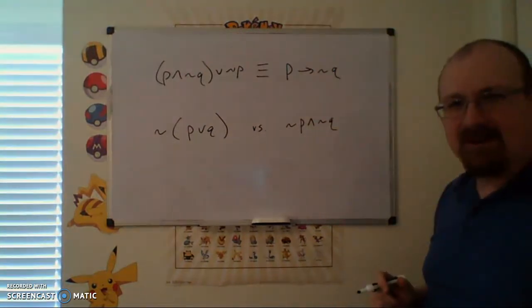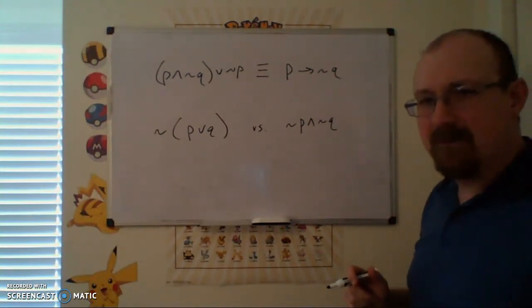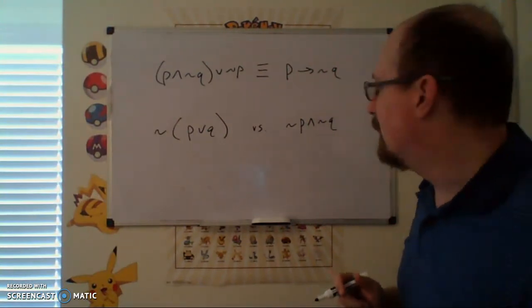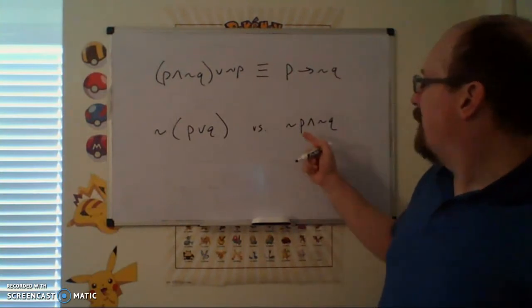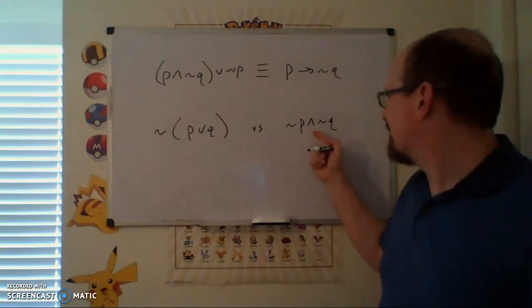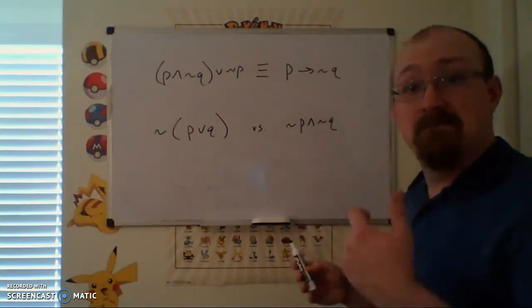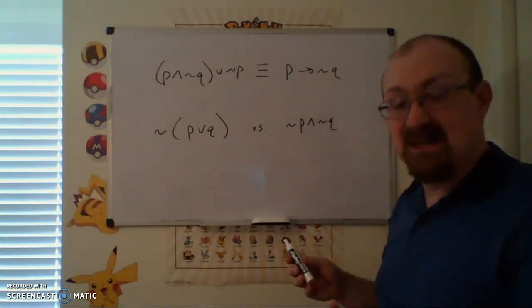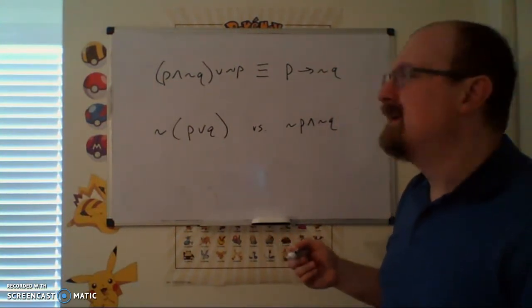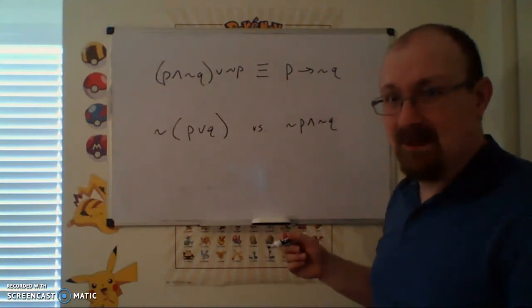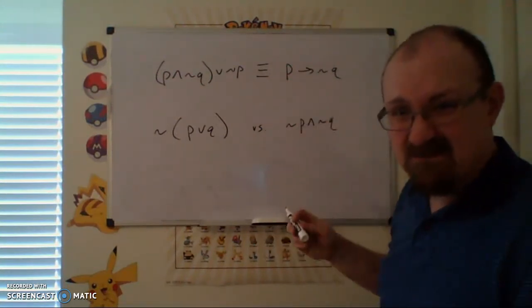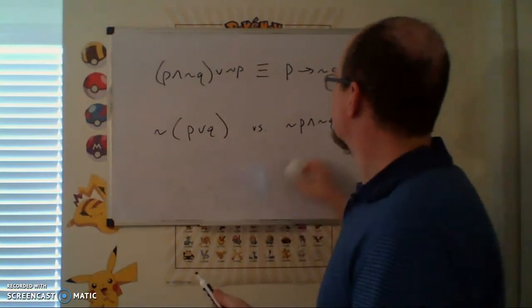If you think back to what we've done previously, this may look a little familiar. If not, it's okay. Now we have two separate negations with a conjunction linking them up. Let's investigate to see if these things are in fact equivalent or not. For the record, if you were writing this out symbolically and two things weren't equivalent, you just put a slash through there. But all right, let's take a look.